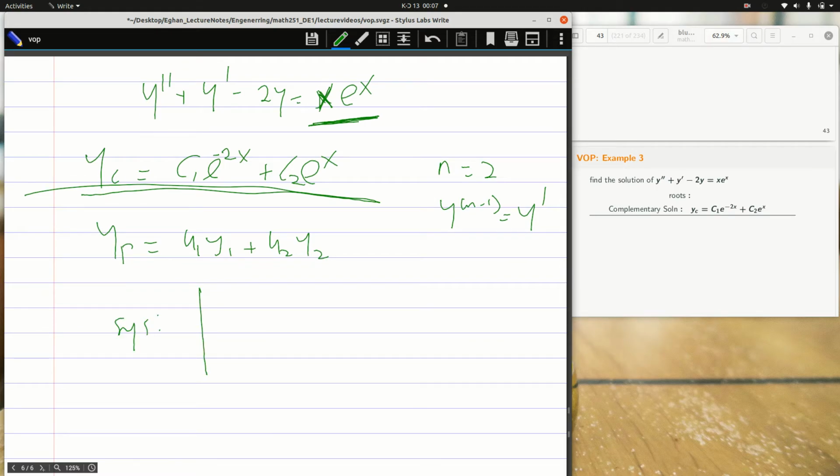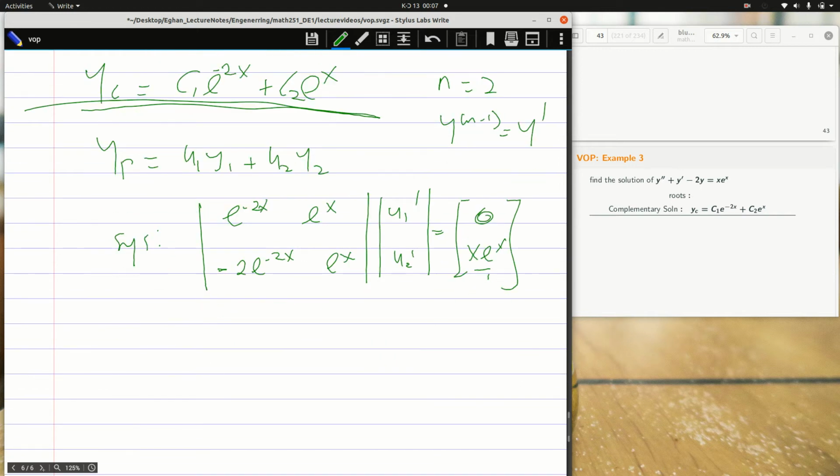So the system: y1 is this, the second is that, the first derivative here is that, u1 prime, u2 prime, 0. What is g(t)? g(t) is x e^x over a, which is 1.